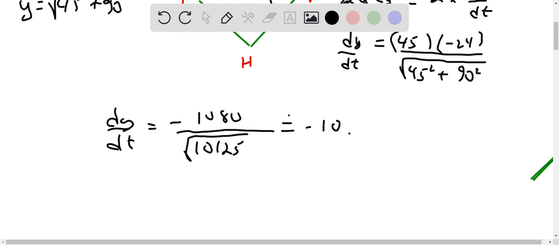That's how fast Y is changing when you're running to first base, halfway there.